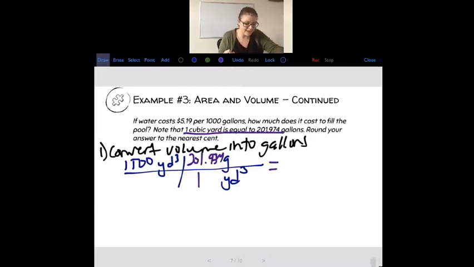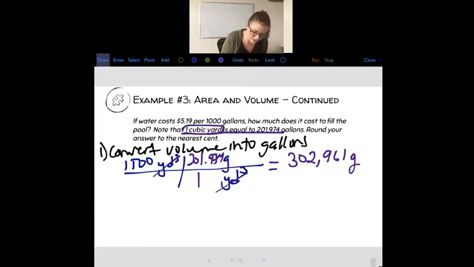So in this case, we would take 1,500 times 201.974, and this gives us 302,961. Yards cubed cancels, and we have gallons. Now notice that I only wrote 1 cubic yard on the bottom. I didn't do it 3 times. That's because our conversion already accounted for cubic yards.